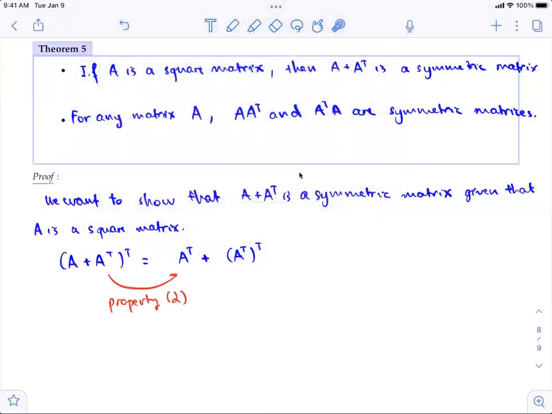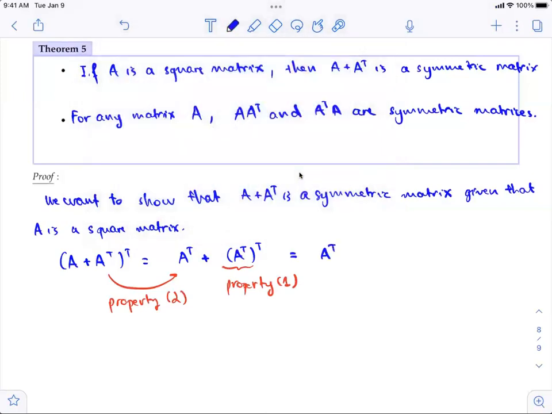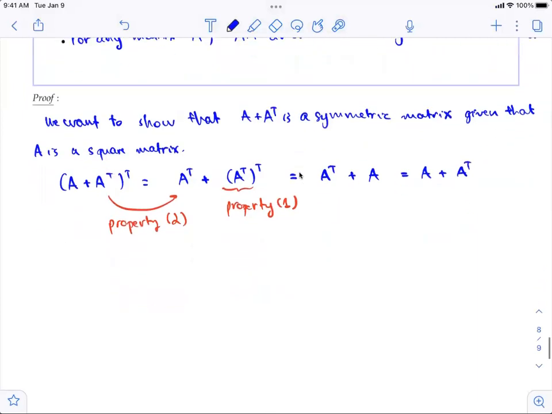The transpose of A transpose will give you the original matrix, so this is property 1. This gives you A transpose plus A, or we can just rearrange the terms, A plus A transpose.